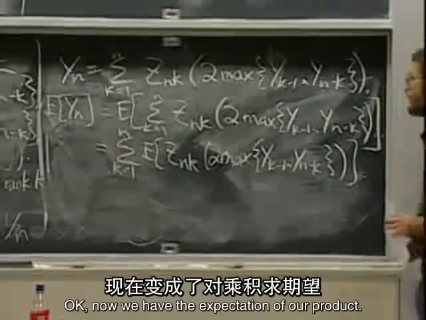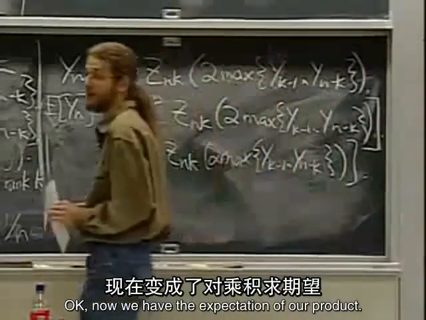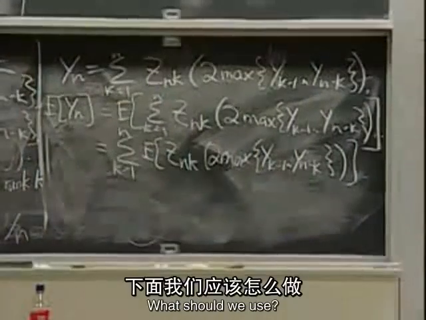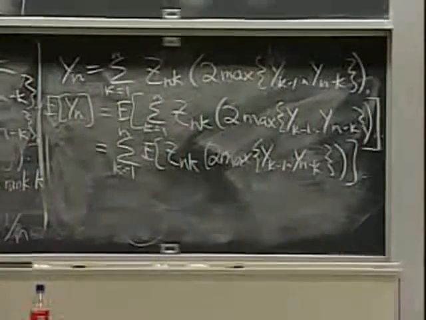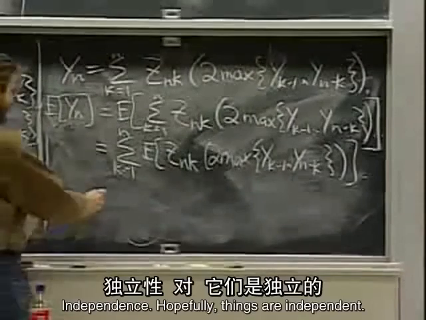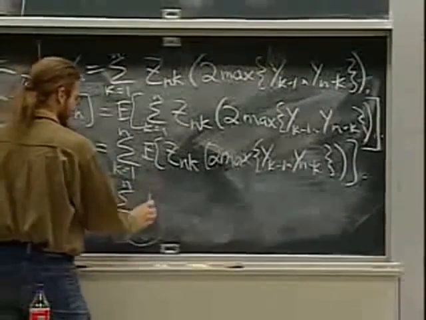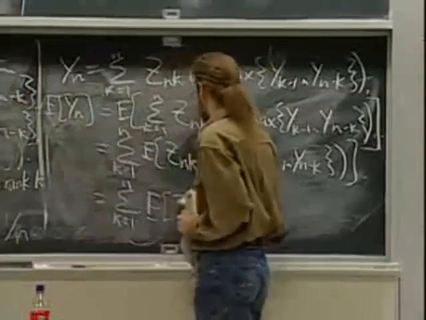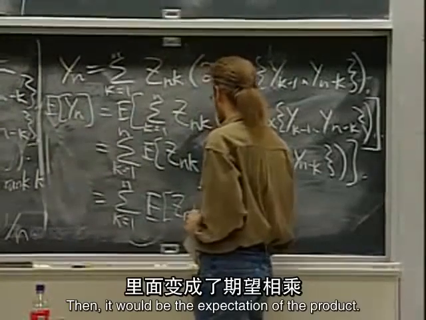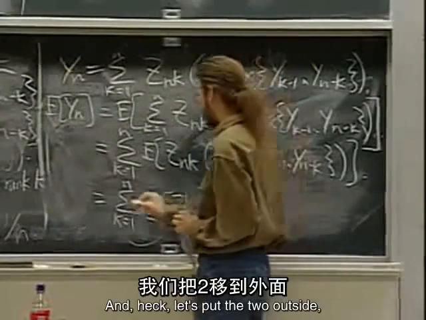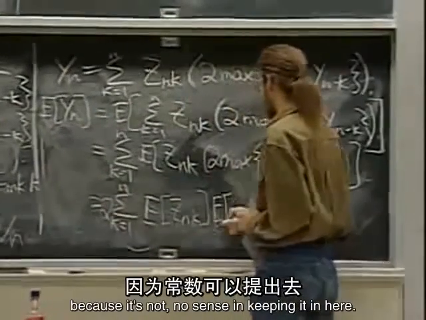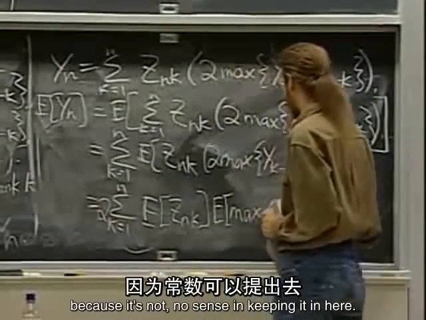Now we have the expectation of a product. What should we use? Independence. Hopefully things are independent. Then it would be the expectation of the product. And let's put the 2 outside because there's no sense in keeping it in here.